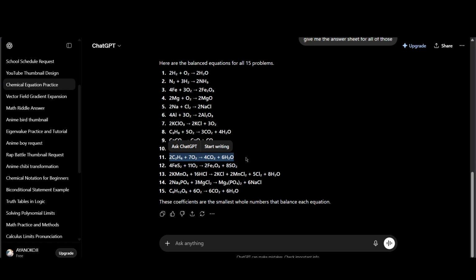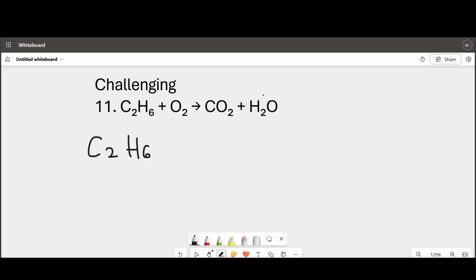Okay, so we always need to have a whole number, no fractional coefficient. And we did that by multiplying this by 2. So then we have 4 over here. Okay, 2 times 2 is 4. So in order to have 4 over here, we just need to make it C1, O2.